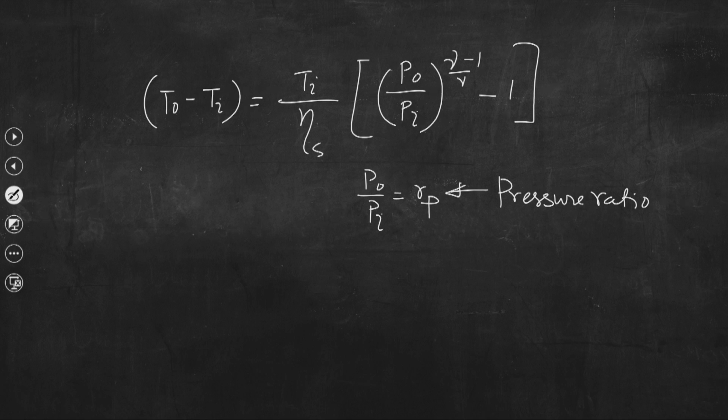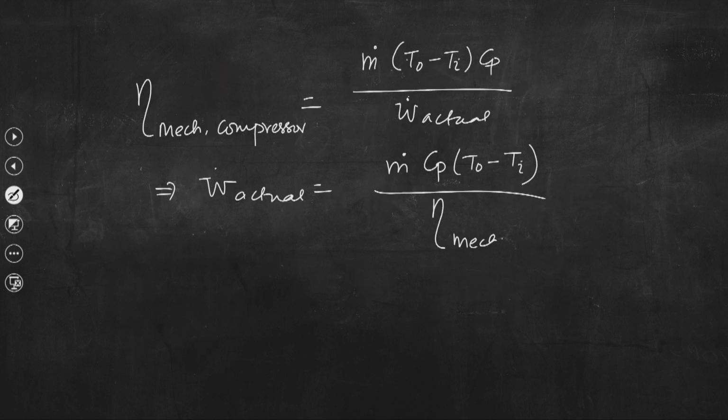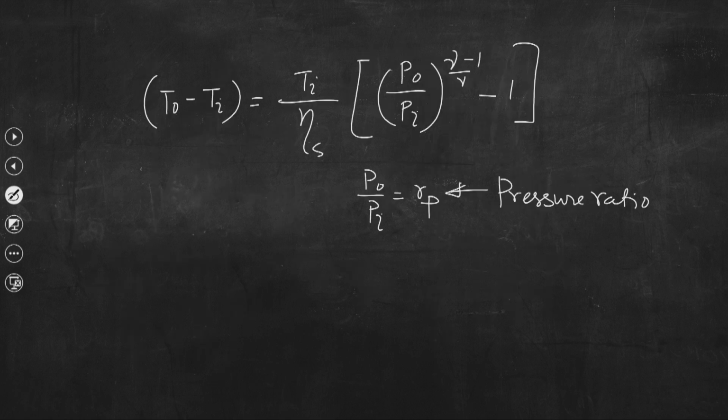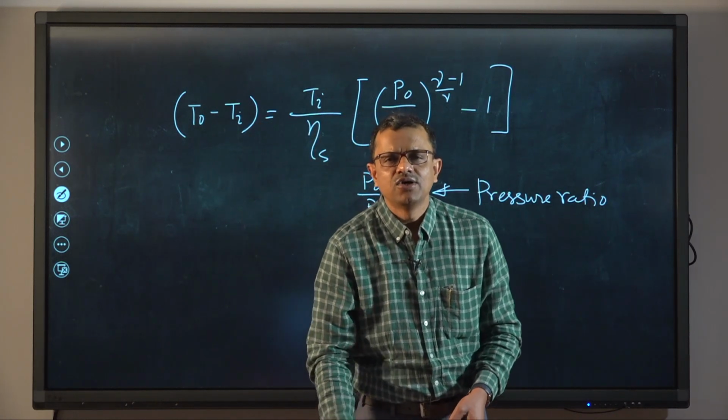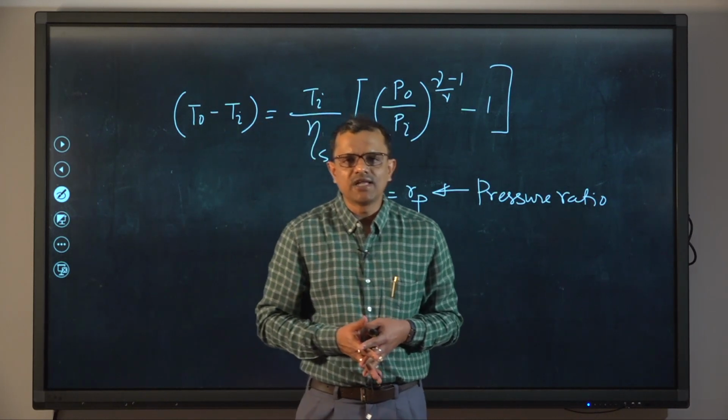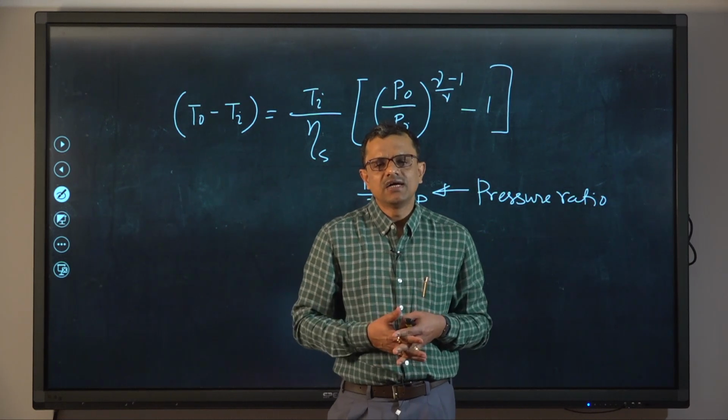So, try to understand, if we go back to the previous slide wherein we have written W dot actual that we need to supply to the compressor should be equal to this quantity if we know the mechanical efficiency, and T naught minus Ti that we have established in terms of pressure ratio. So, these mathematical expressions will be needed for solving a few numerical problems that we will do in our next class.